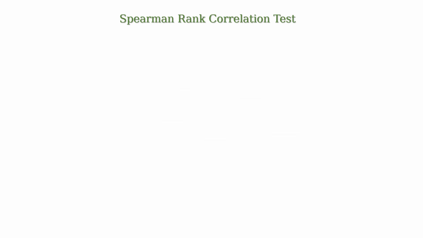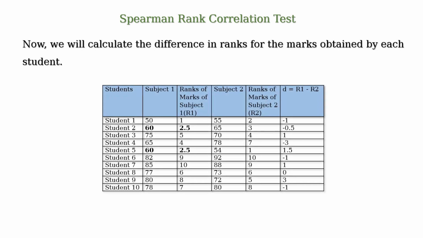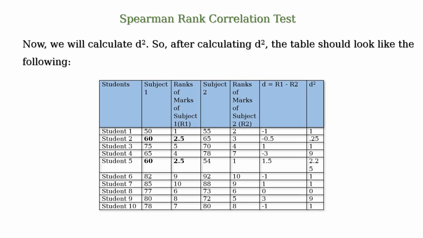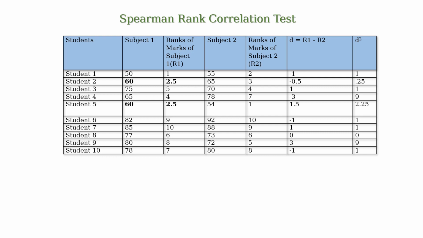Now, we will calculate the difference in ranks for the marks obtained by each student. Now, we will calculate d square. So, after calculating d square, the table should look like the following. The Spearman rank correlation coefficient is now calculated in the following way.